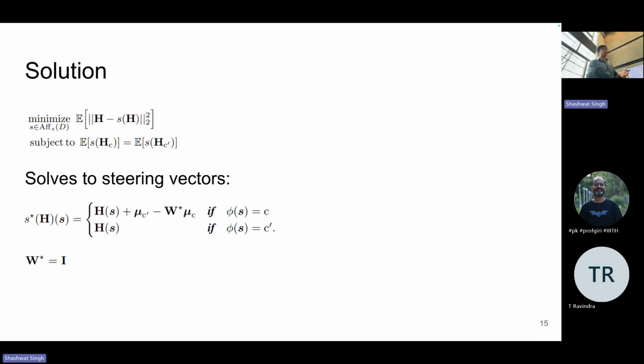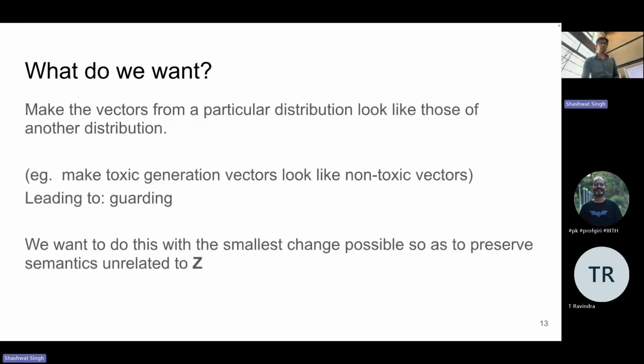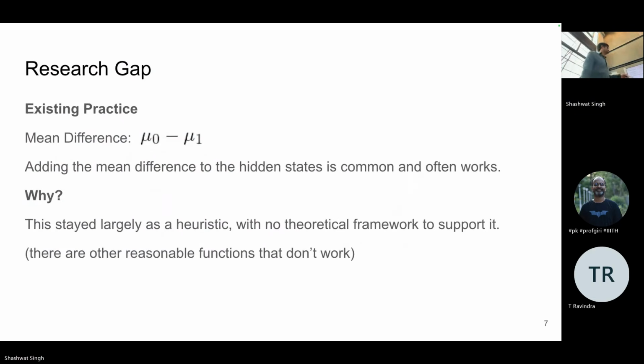I'm going to go into the proof of this immediately next. Okay. So can you describe the solution again? Yeah. It's because W star ends up being identity, so it ends up being that for all things that are C, and just normal for all things that are C dash, which is what I had earlier introduced when I said it is popular to do mu naught minus mu one.